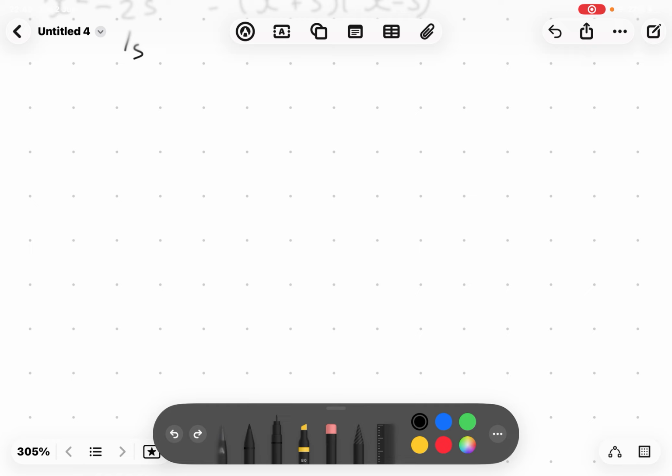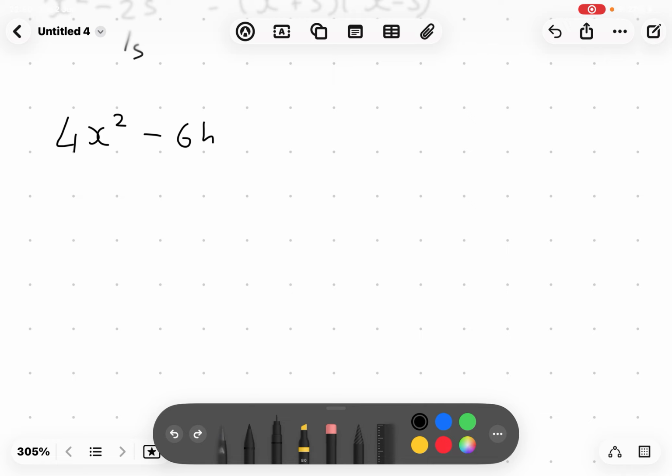Now let's say we have something like this, take away 64. We have to think of a number that times itself gives us this. This might seem hard, however it's easier than you think. This whole term is squared.